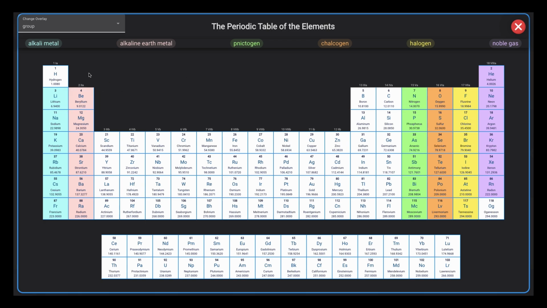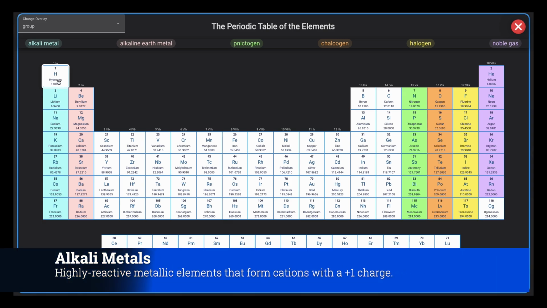Again, we have our main groups that we tend to ask students to memorize here. The alkali metals are in this first column, and note that the alkali metals in light blue don't include hydrogen. Everything in that first column has one valence electron, so that's why hydrogen's in that column. But it doesn't make sense to include hydrogen in the alkali metal group because it's not a metal, it's a nonmetal, right?